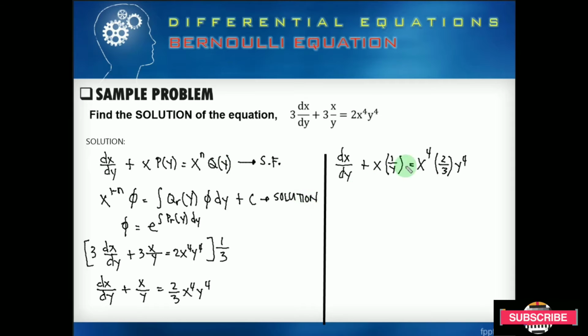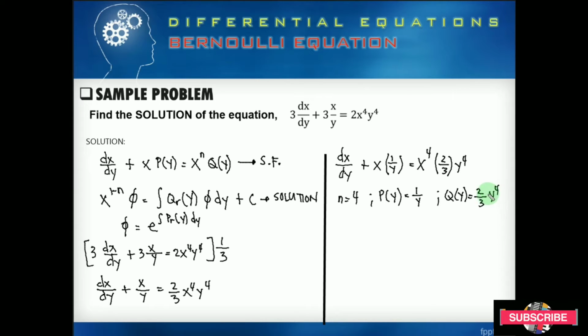So ang ating n dito is just equal now to 4, okay. Saka itong ating phi as a function of y, okay, from here is itong 1 over y, okay. At saka itong q as a function of y natin naman dito is equal now to 2/3 siya ng y to the 4th, okay.